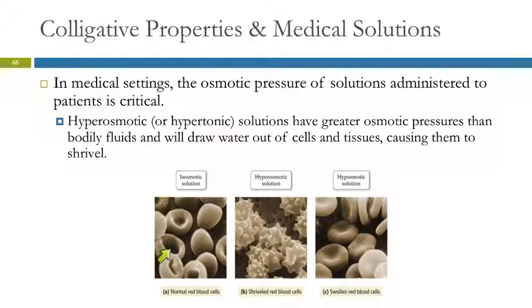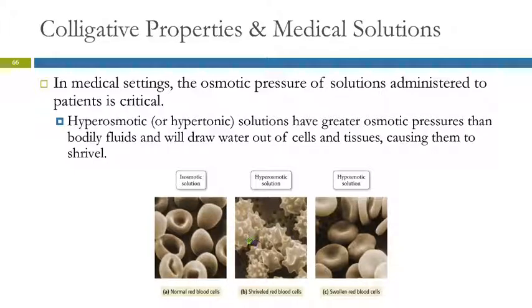This is if the blood cells are in an isotonic or isosmotic solution, where the osmotic pressure of the solution is the same as the osmotic pressure of the things that are inside the cell on the other side of that membrane.